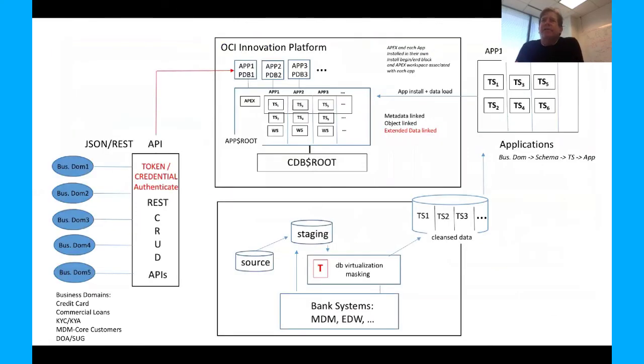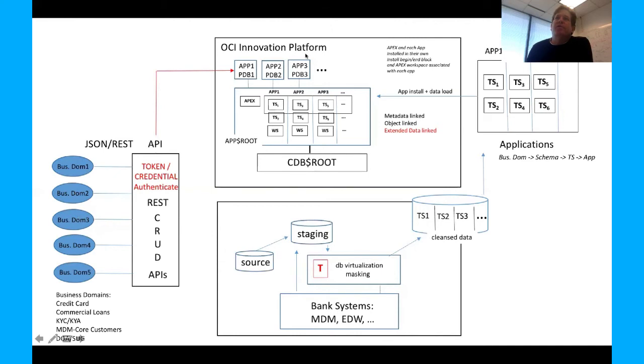This is another project that I actually collaborated on with a customer that is deploying in OCI using application containers. Their objective was basically to break out various business domains and the metadata and data associated with them, cleanse that and bring it in as an aggregate, cleanse it and push it out as schemas that map to specific applications relative to the business domains.